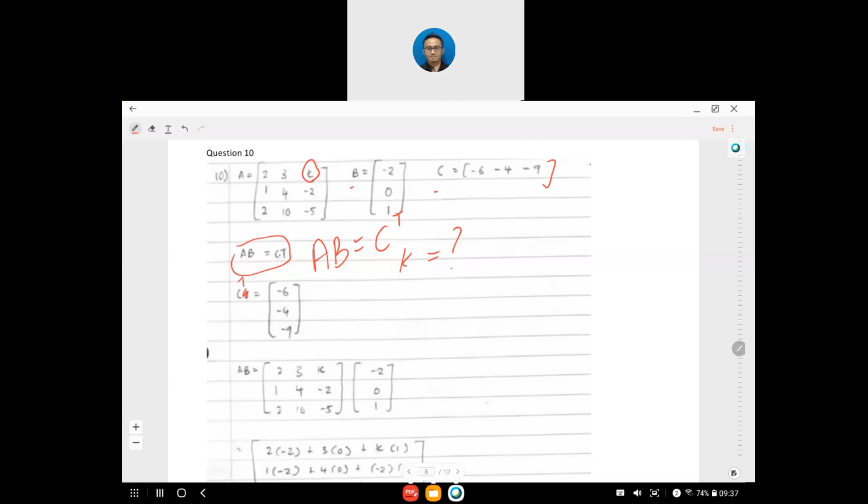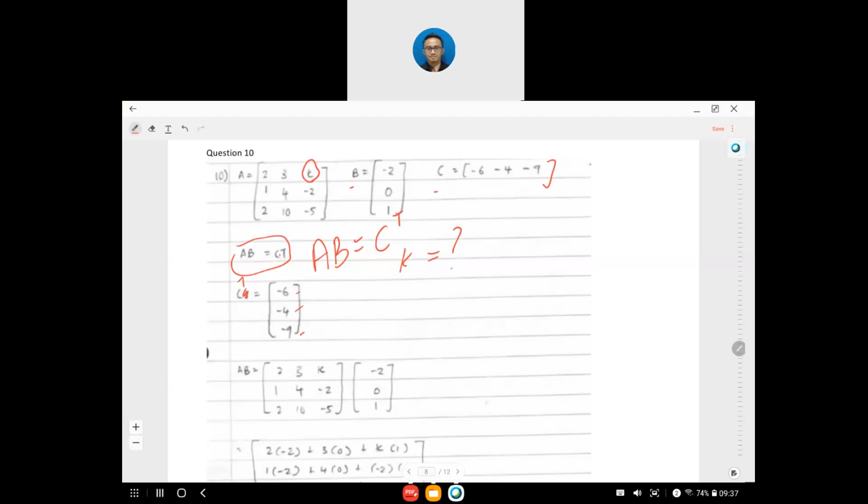Power T. If you write it like this, it will assume C times T. Okay? So, C transpose equal to negative 6, negative 4, negative 9. So, it becomes a 3 times 1 matrix. Okay.